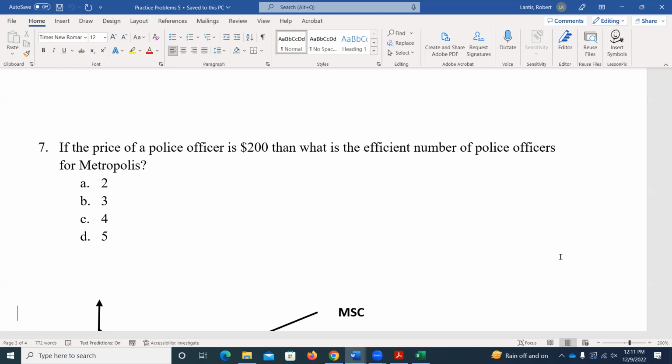But for society, we know that if we could have one police officer hired, society benefits by $230. The cost would be 200, there'd be a net benefit to society there. So for society, if they were making a decision, they would hire that first officer. Will they hire a second? Yes, the marginal benefit of the second is greater than the cost. Will they hire the third? No. So we stop at that equilibrium quantity of 2 for society.